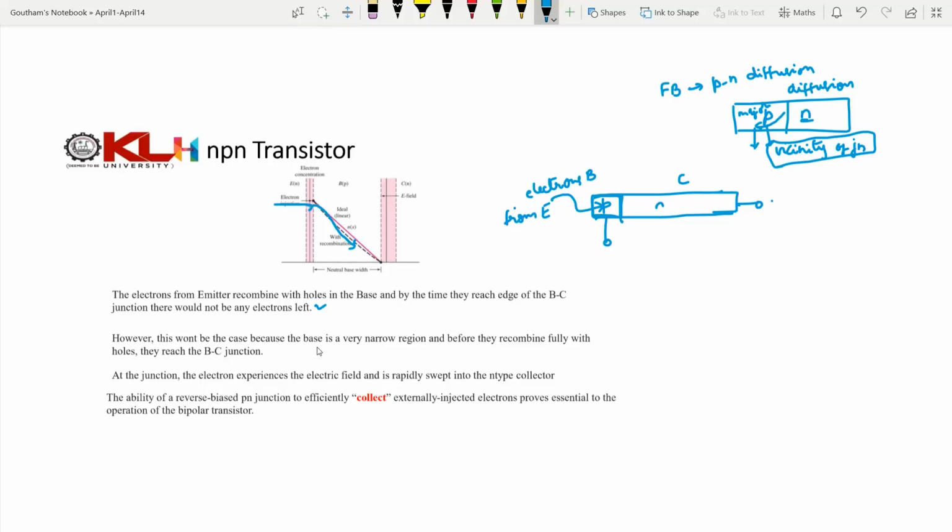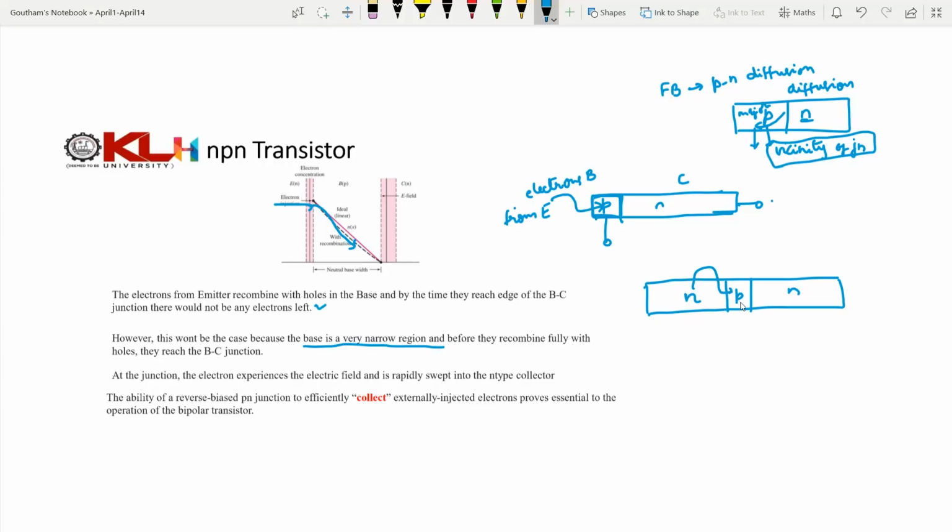That is not the case here, because the base has been made a very narrow region. So that is what I have been telling you since the start of this lecture. The base is a very, very narrow region. Okay, so NPN. Electrons are injected from this n type emitter into the base.